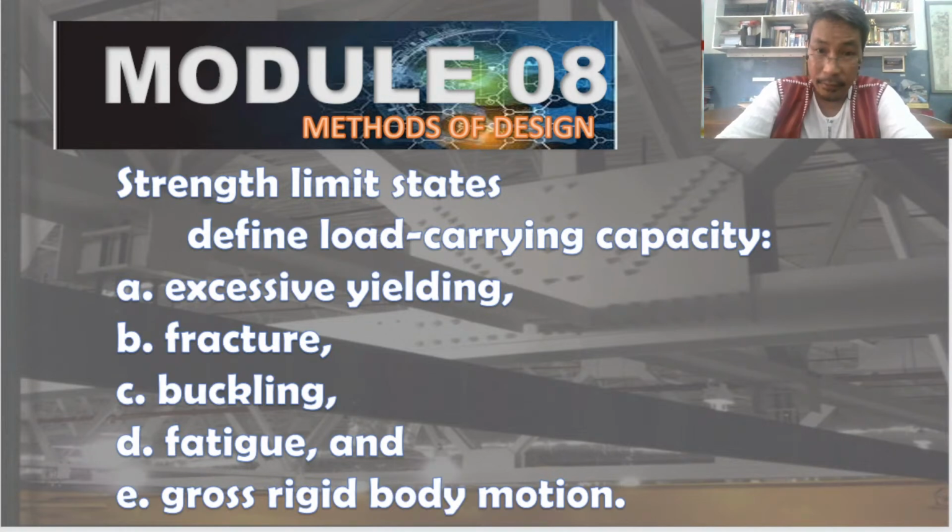Letter B, fracture. Letter C, buckling. Letter D, fatigue. And letter E, gross rigid body motion. Those are the different ultimate limit states.